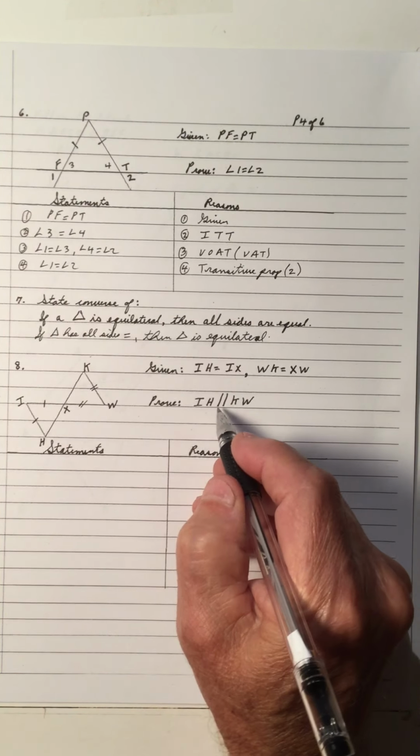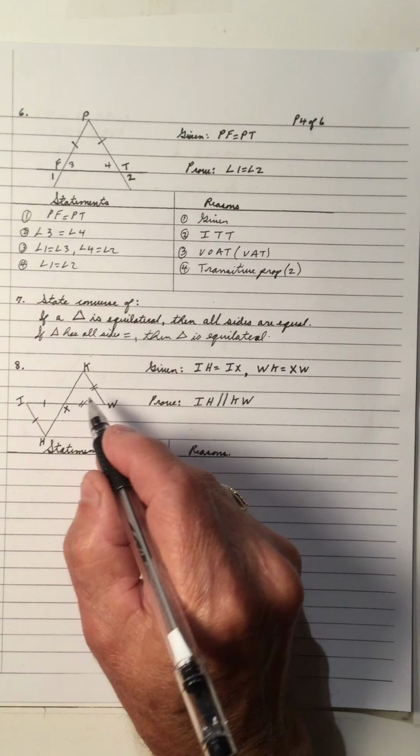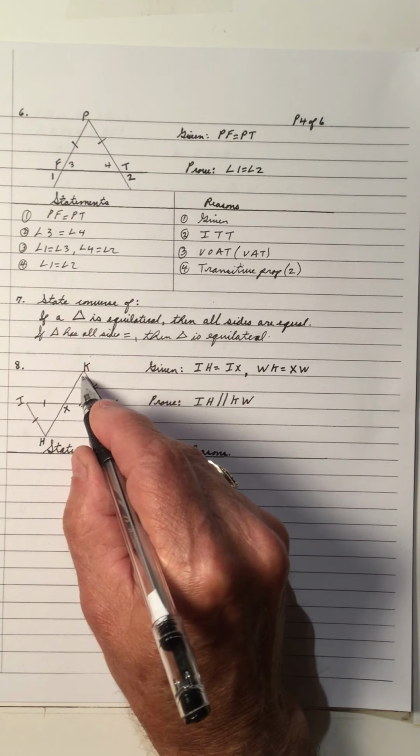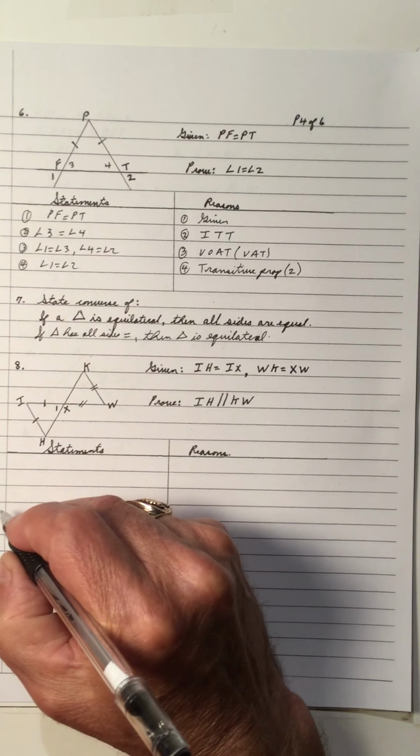So to prove parallel lines, we need to get a pair of angles equal. So we need to get either I equals W or K equals H. So what are the givens going to do for us? Well, because these two are equal, that means this angle, I'm going to call it 1 equals H.